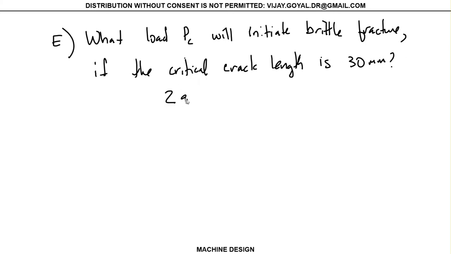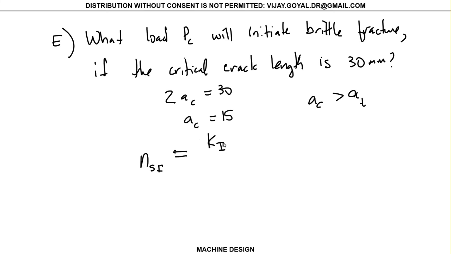So you know 2 times A is equal to 30. AC is equal to 15. Okay, and you know that AC is bigger than transition length, so it's going to fracture.